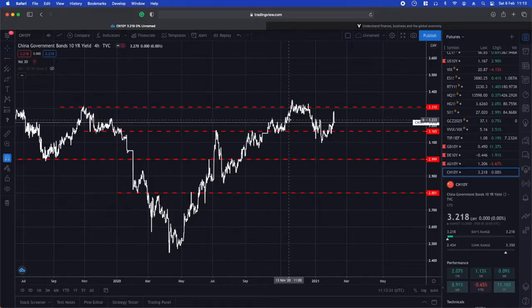So I don't know if that's got anything to do with it, but most recently, 19th of November was the peak, 3.35, around there. And it's recently seen a lower high at 3.28.